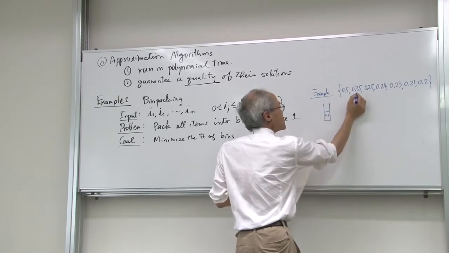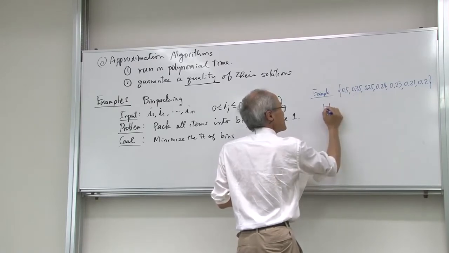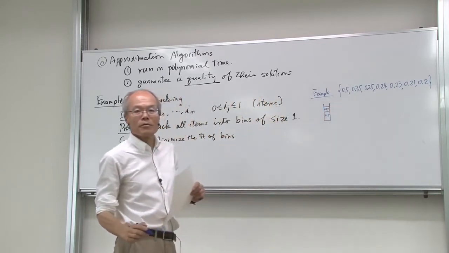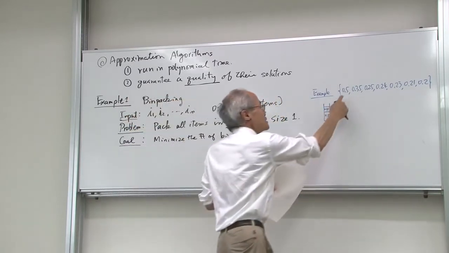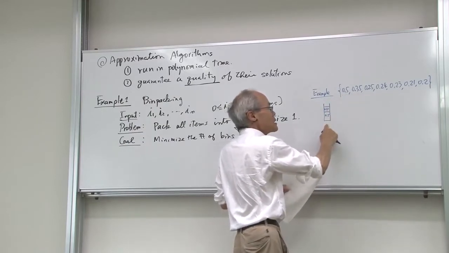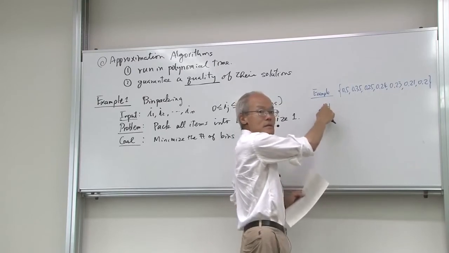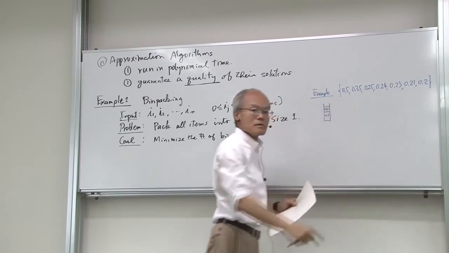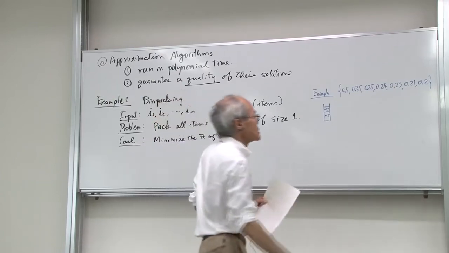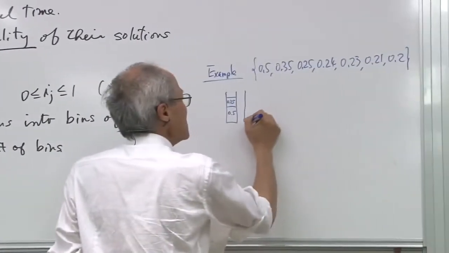And the next one, this one, 0.35. Suppose that we put this item and this item into the same bin, then there's not enough space for a third item, right? Then we need a new bin.